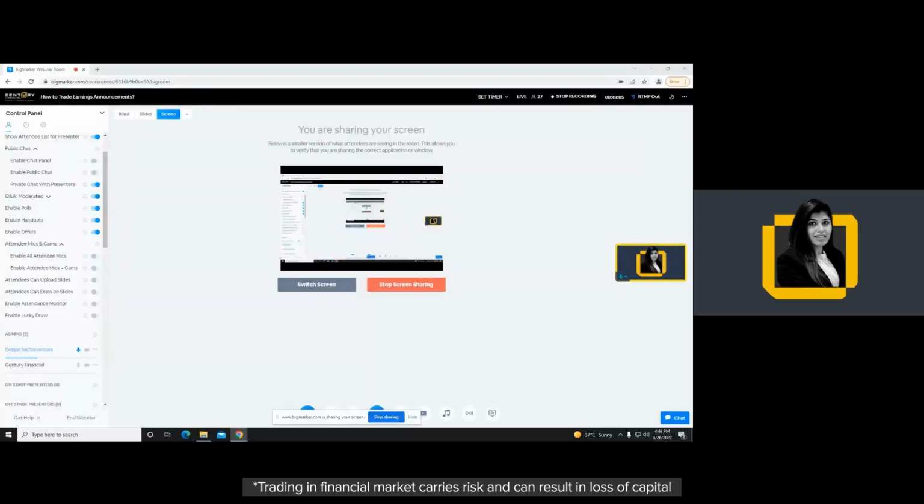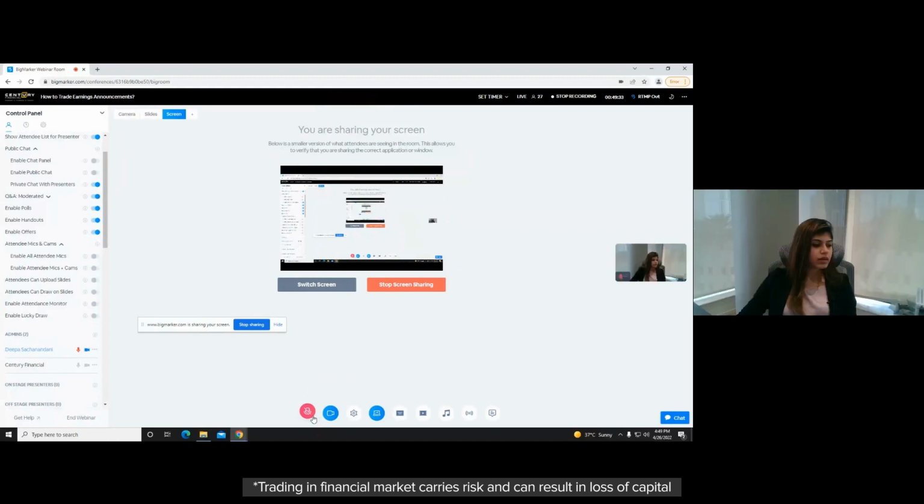Can you all see the price action for JP Morgan and Delta Airlines on your screen? Okay. All right, so this is... just a second.